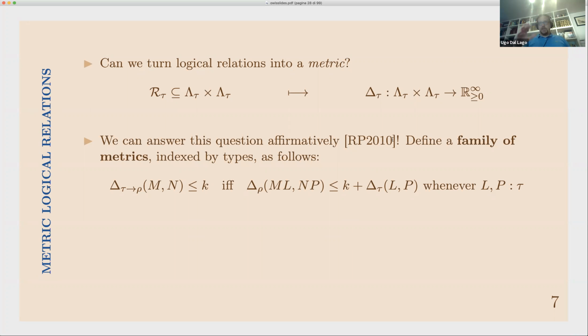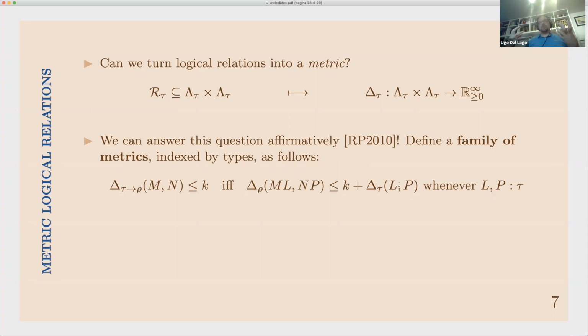like we have been doing with logical relations, except that now you say that two terms M and N of a functional type are at a distance less or equal to k whenever the application of these two programs to terms which are at a certain distance, well, is at a distance at most k plus the distance of the two arguments.